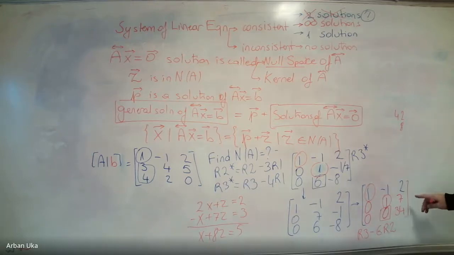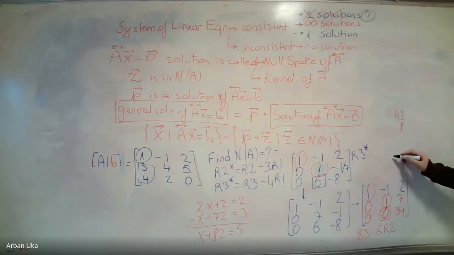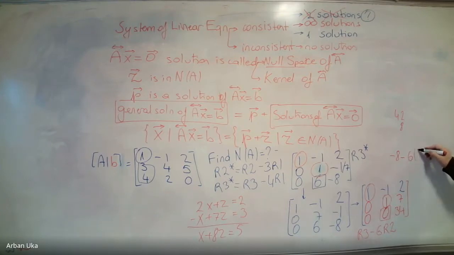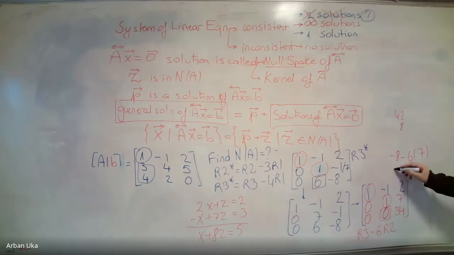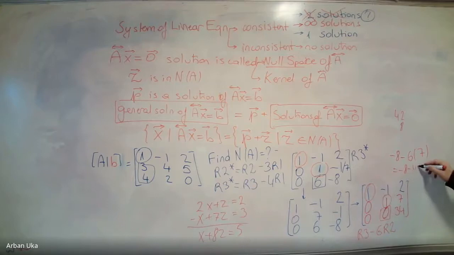Wait, let me think. Wait a second, let me correct myself. We have row 3 minus 8 minus 6 times 7, right? I think it's minus 50 then. This is equal to minus 8 minus 42. No, this is minus 50.